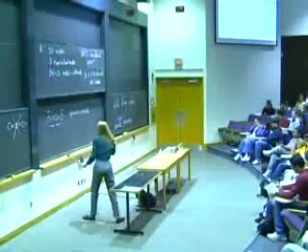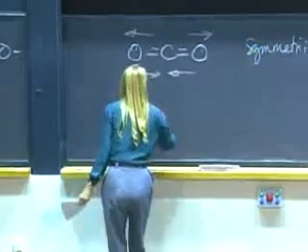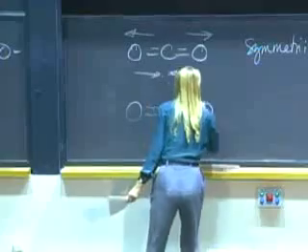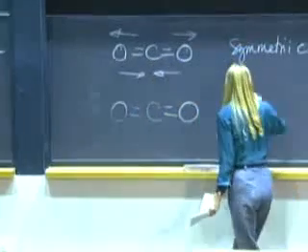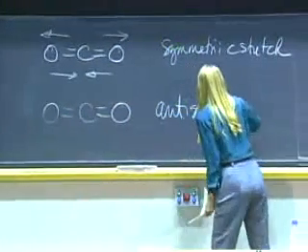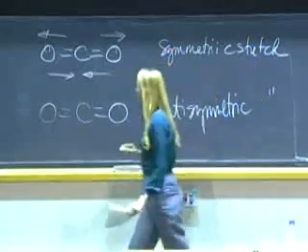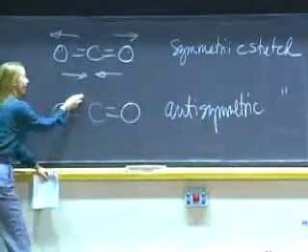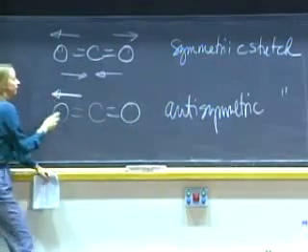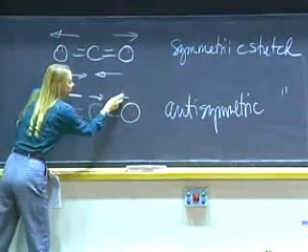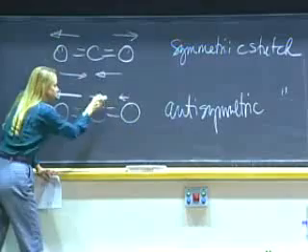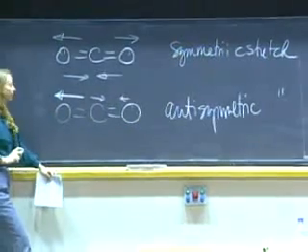What's another vibrational mode? Well, if you have a symmetric stretch, it must mean you have an anti-symmetric stretch. In this case, we've got one oxygen moving out while the other oxygen is moving in, and this carbon is kind of moving in like that too.